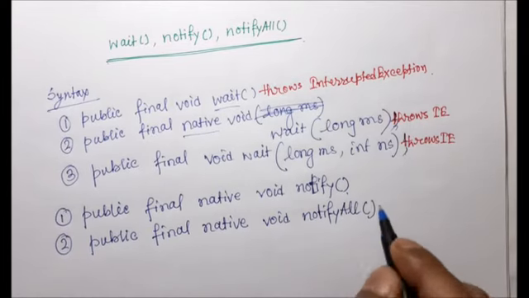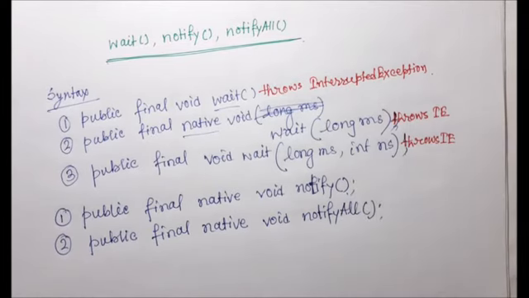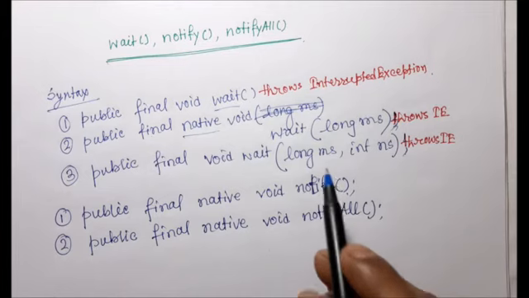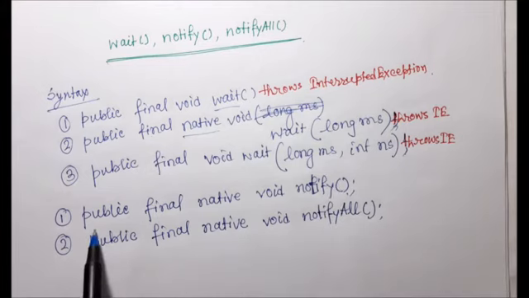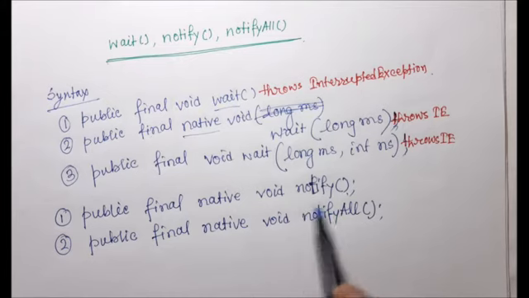We know that whenever we call the notify method, there is no need to release the lock immediately. So there is no chance of interrupted exception, which is why these methods don't throw InterruptedException.